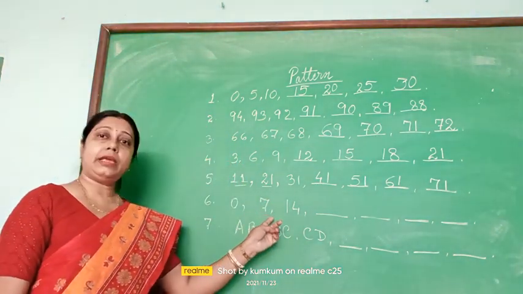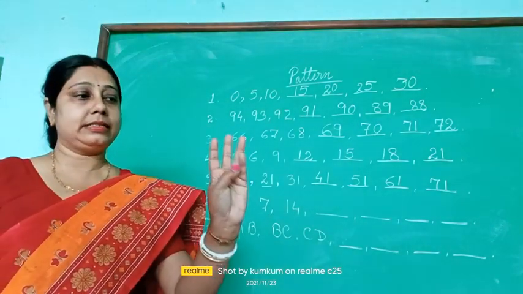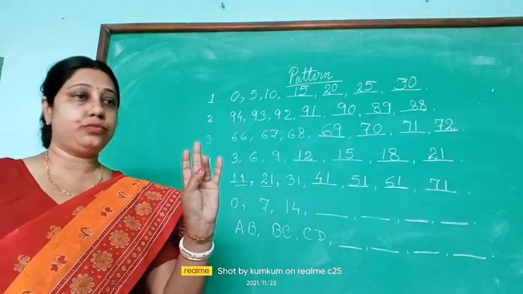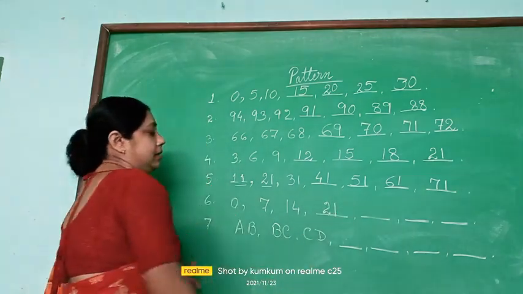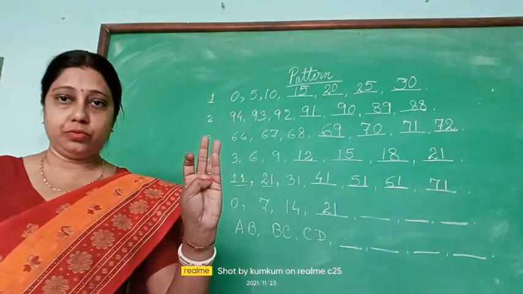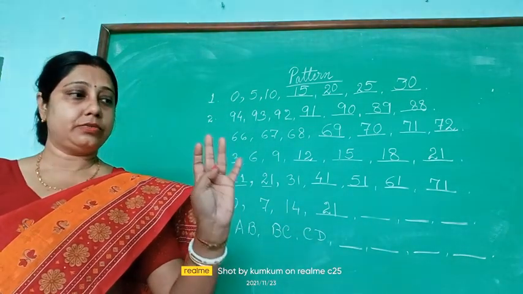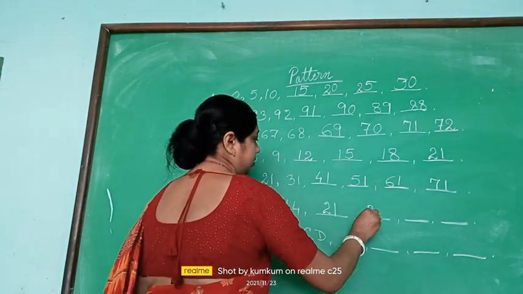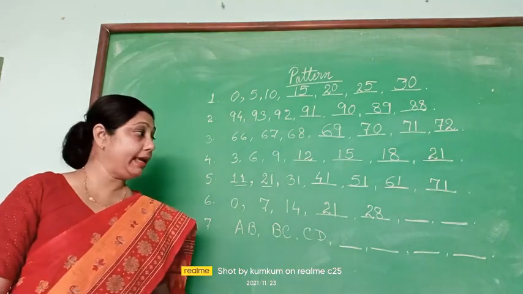That means it is keeping in 7. So after 14, 15, 16, 17, 18, 19, 20 and 21. So we will write here 21. Then 22, 23, 24, 25, 26, 27 and 28. So here we will write 28.